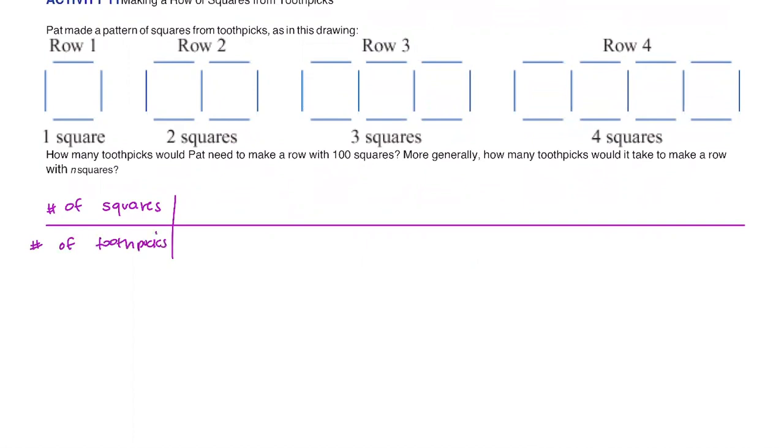So when you have one square, you have 1, 2, 3, 4 toothpicks. When you have two squares, you have 1, 2, 3, 4, 5, 6, 7 toothpicks. When you have three squares, well, you have those 7 from before, and then 8, 9, 10. 10 toothpicks for three squares.